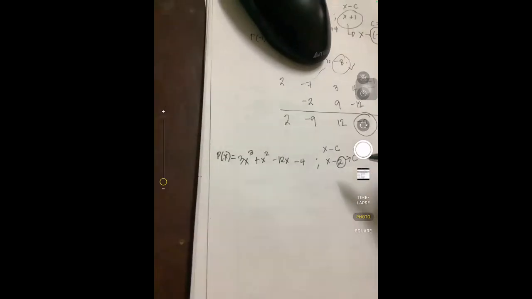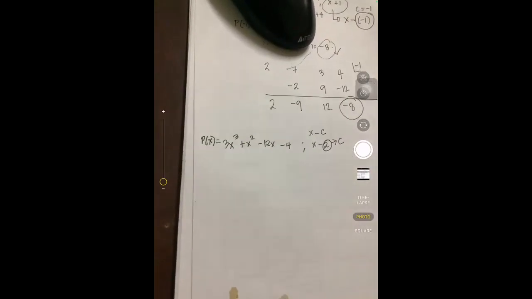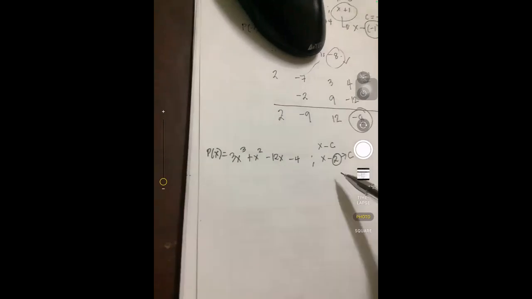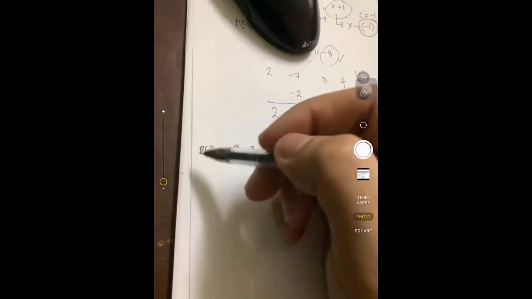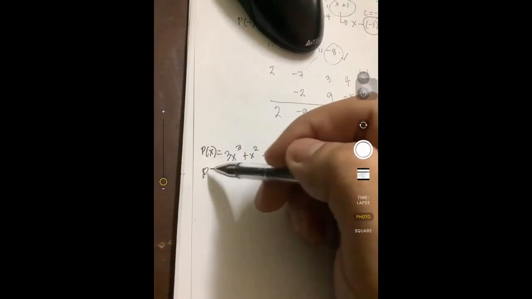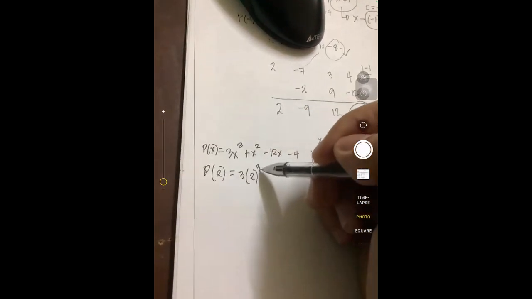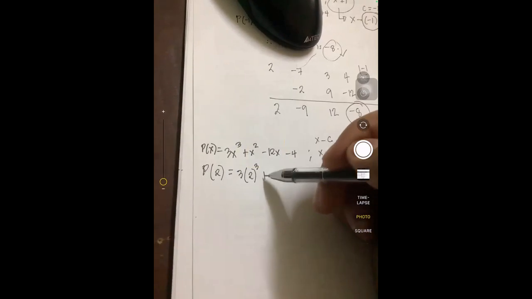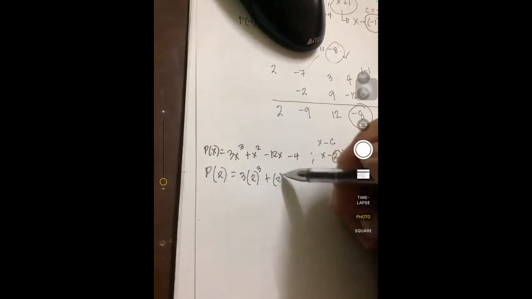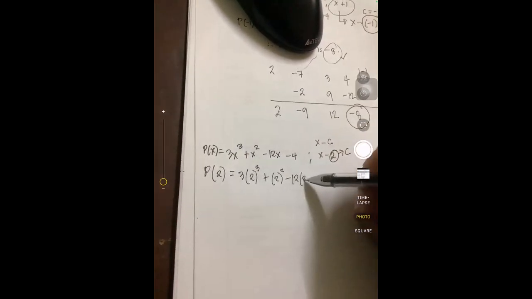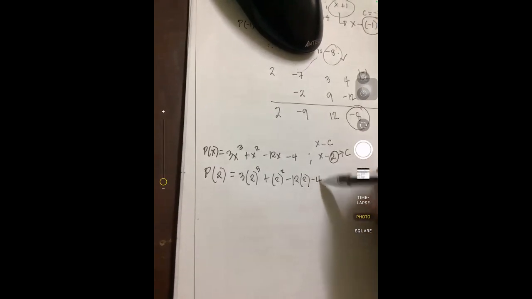So to find the remainder using the remainder theorem, we will be substituting 2 in the place of x. So that is p of 2 is equal to 3 times 2 cubed plus 2 squared minus 12 times 2 minus 4.